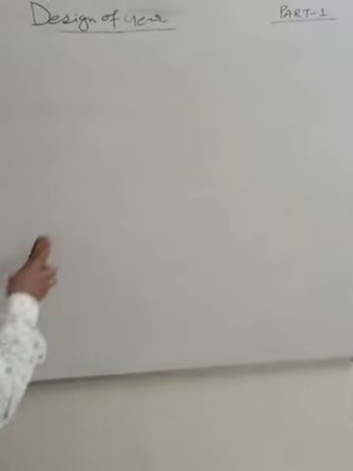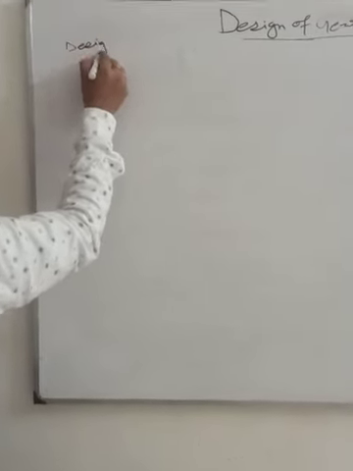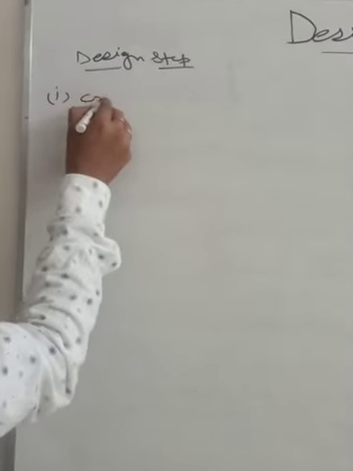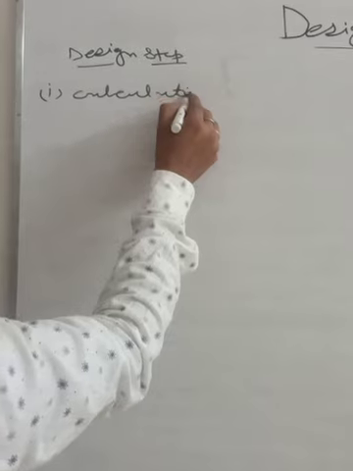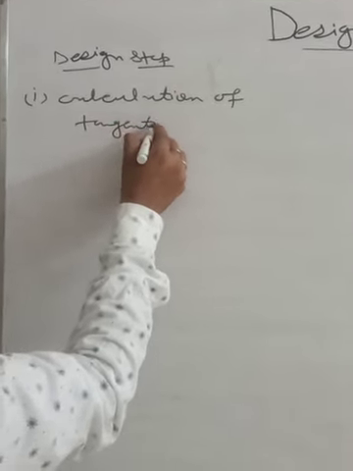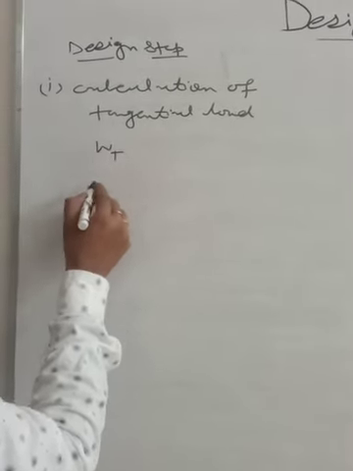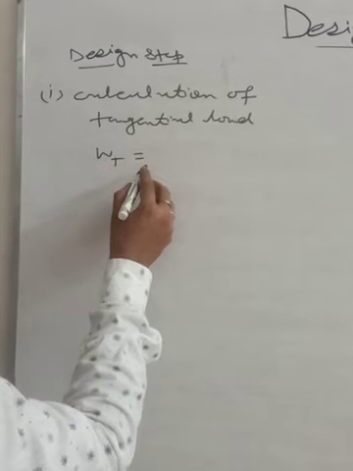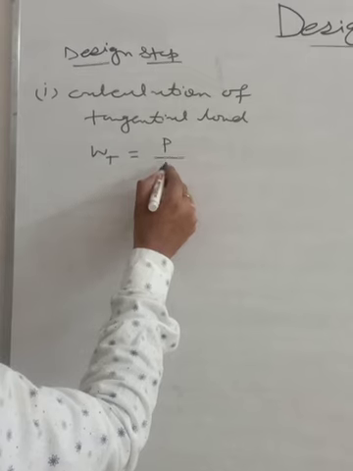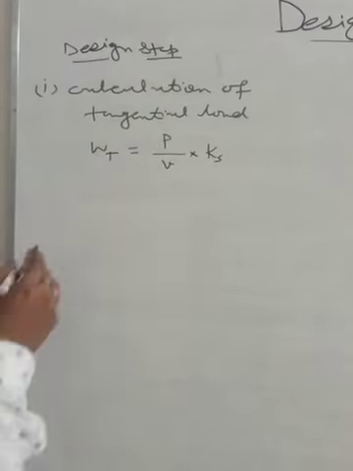Now for designing, let us have a look at the design steps. The first step is calculation of tangential load, that is Wt, and we know that Wt is equal to the power transmitted divided by pitch line velocity.